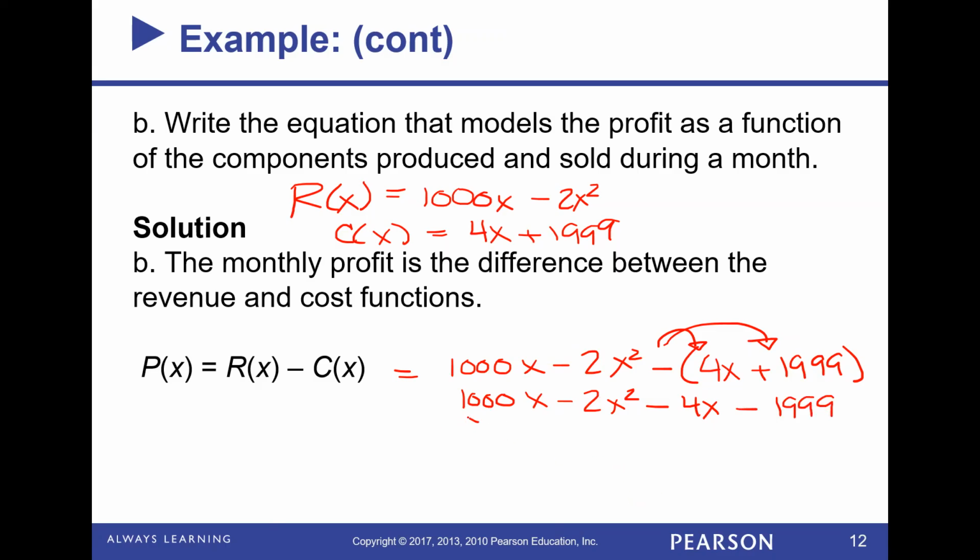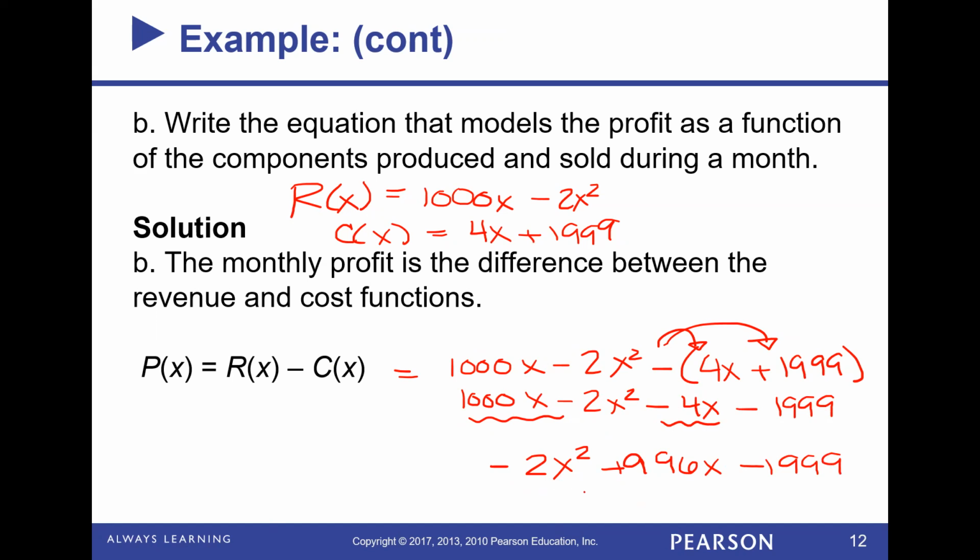And as I'm working this, I notice that I have some like terms, so I can add those together. I'm going to write this as minus 2x squared plus 996x minus 1999.